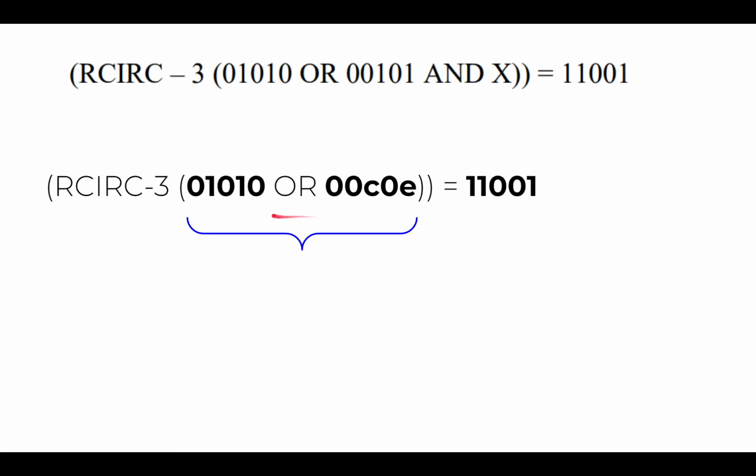We plug that back in, and now all we have to do is just the OR with this 0, 1, 0, 1, 0. And what we're left with is 0, 1, C, 1, E. And the reason this happens is because 0 or 0 just makes a 0. 1 or 0, well obviously that makes a 1 because there's at least one 1 present. 0 or C, now let's think about this here.